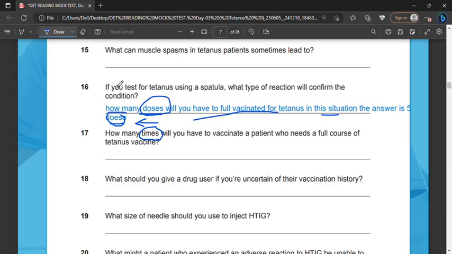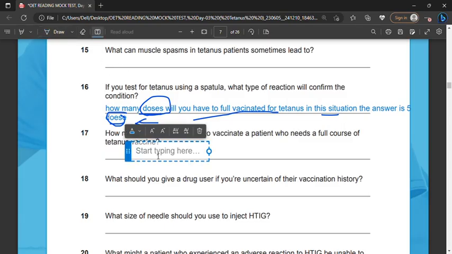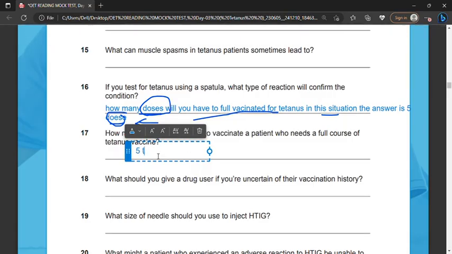But in this question they are asking how many times. So that's why the answer is 5 times. Before answering, you have to understand the proper meaning of your question, what the question is asking you to find.